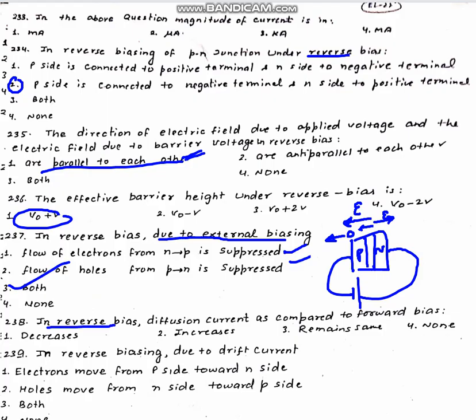Next is, in reverse bias, diffusion current as compared to forward bias. So obviously it decreases. Next is, in reverse biasing, due to drift current, electrons move from P side towards N side and holes move from N side to P side.